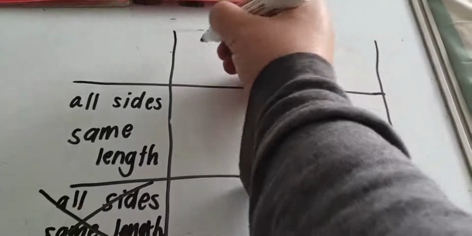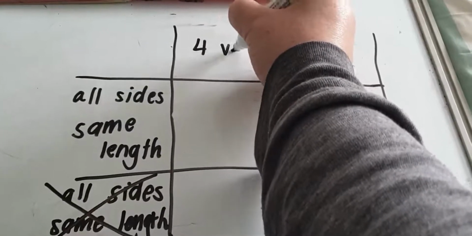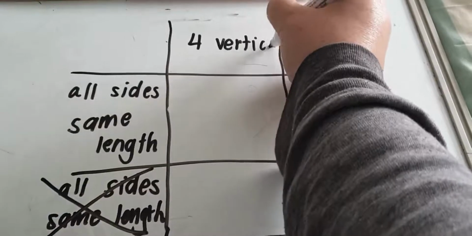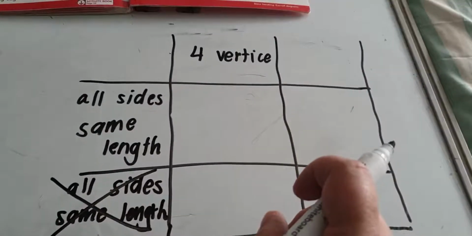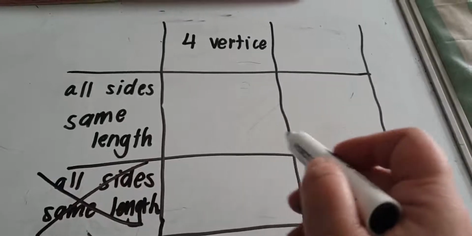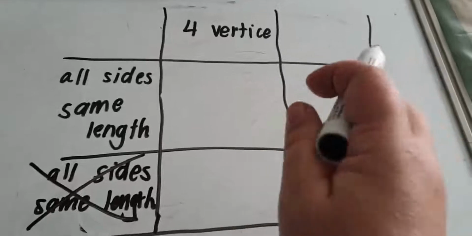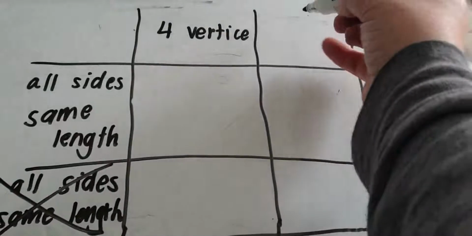And then up here, I'm going to put 4 vertices. Now remember, a vertex is a point on a shape where edges or sides meet. So it can become a corner, or it can just be a point where the 2 sides meet.